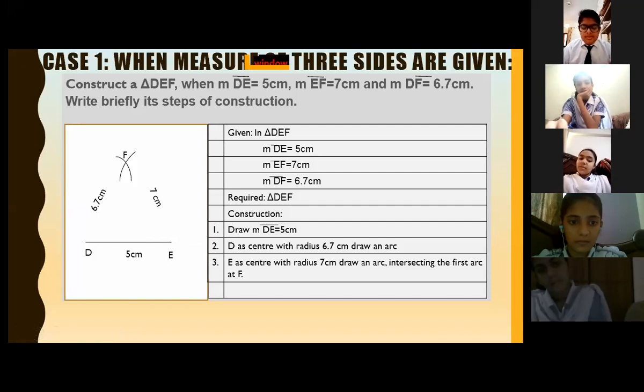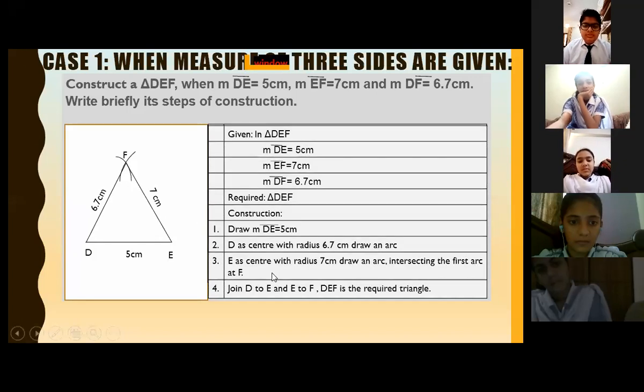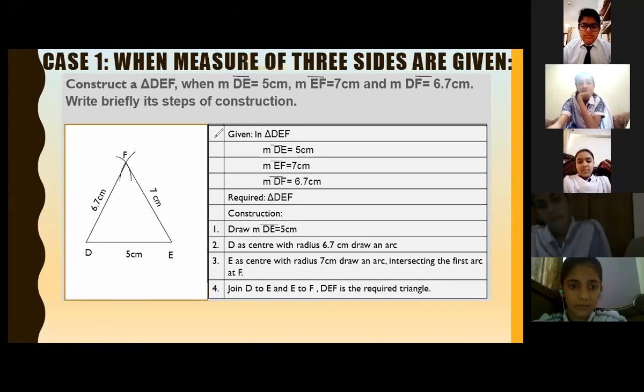So we have to join D to F and E to F. Avoid writing join D to E, because D to E is already done in the first step. So you have to write join D to F and E to F. So DEF is our required triangle.